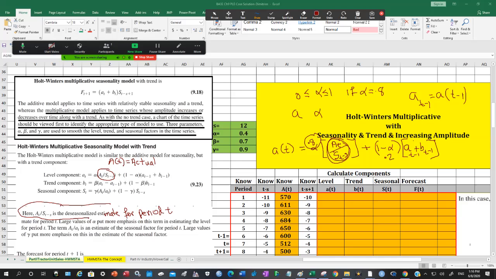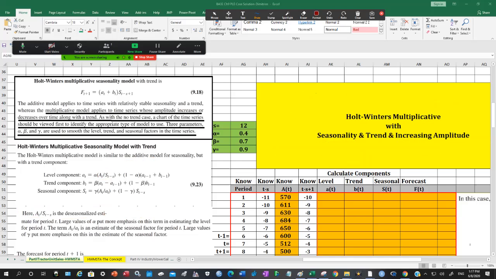Then we do a similar analysis with the trend component. The trend component, B of t, equals beta times something plus 1 minus beta times something else.